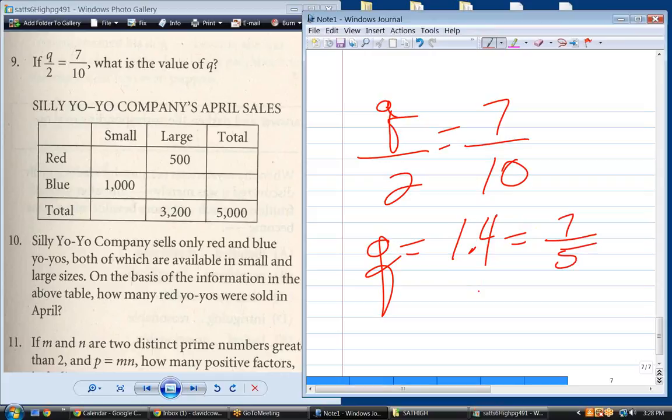The one way you cannot grid it in is 1 2/5, because it'd go in as 12/5. Don't grid in a mixed number. Only improper fractions or decimals or quotients. Okay. 7/5 is fine. That's an improper fraction.